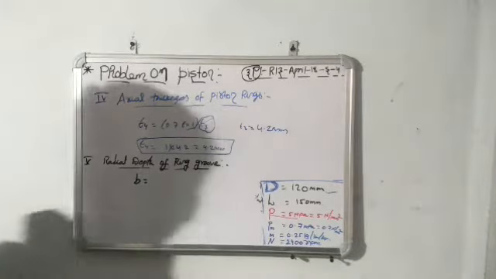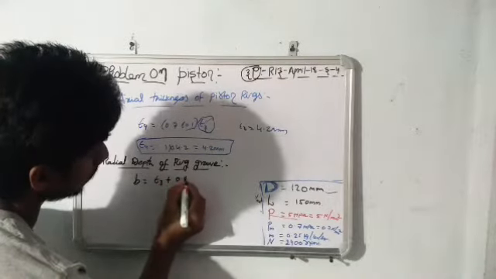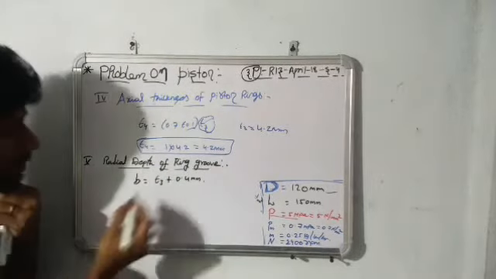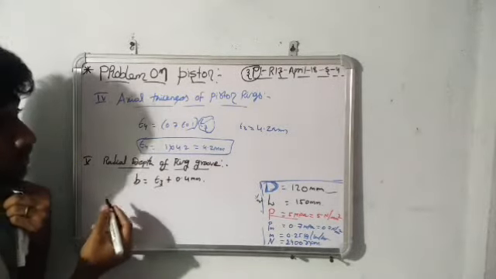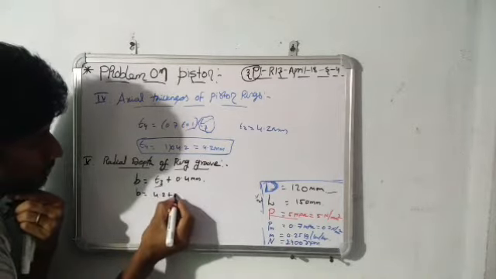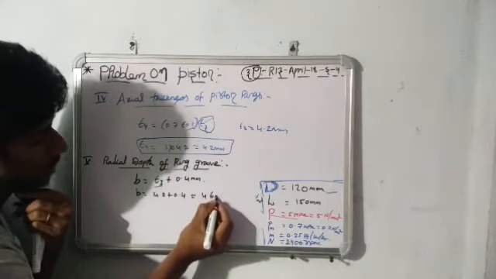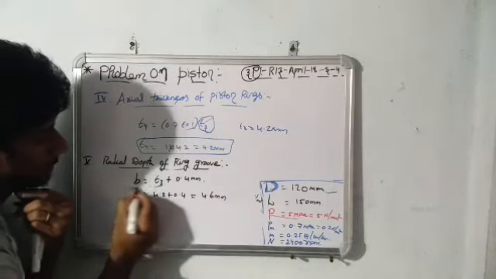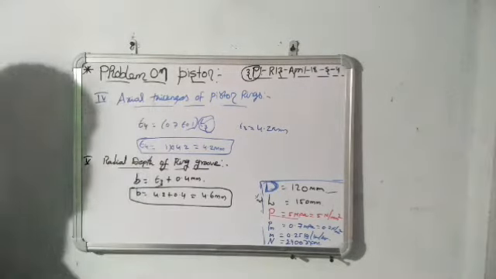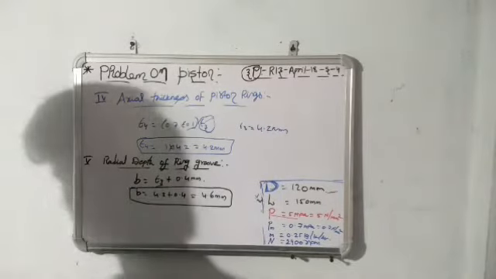So that is equal to T3 plus 0.4 mm. Here we know what T3 is. By substituting the T3 we get the b value, 4.2 plus 0.4, that is equal to 4.6 mm. This is about the radial depth of ring groove. So go to the next step.